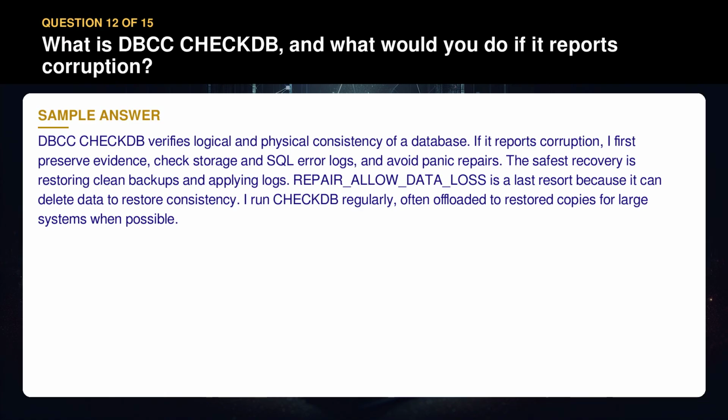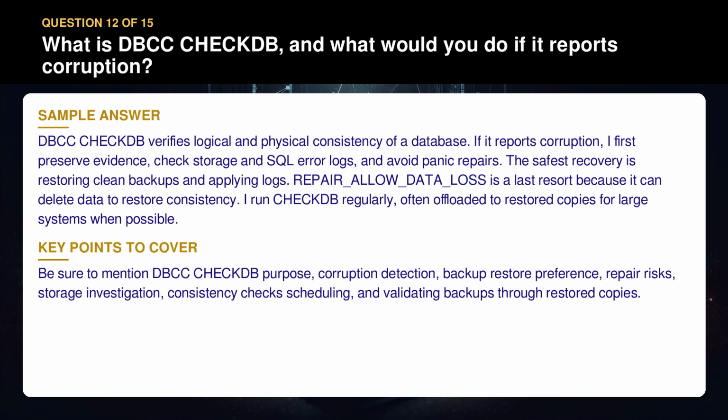Repair allow data loss is a last resort because it can delete data to restore consistency. I run CHECKDB regularly, often offloaded to restored copies for large systems when possible. Be sure to mention DBCC CHECKDB purpose, corruption detection, backup restore preference, repair risks, storage investigation, consistency check scheduling, and validating backups through restored copies.